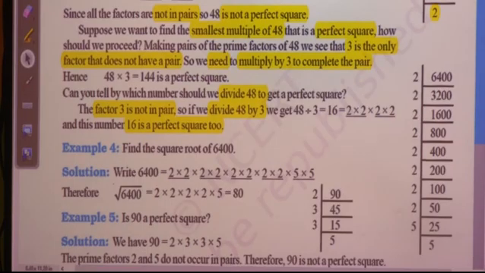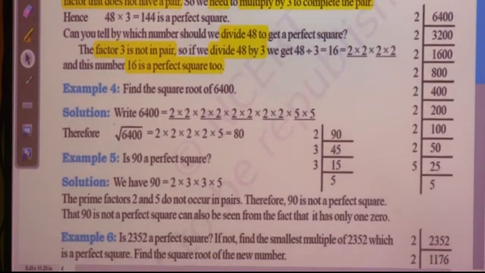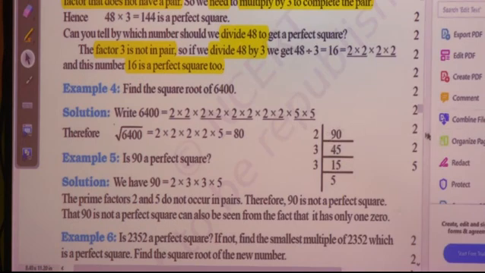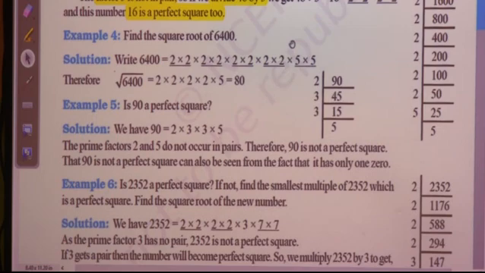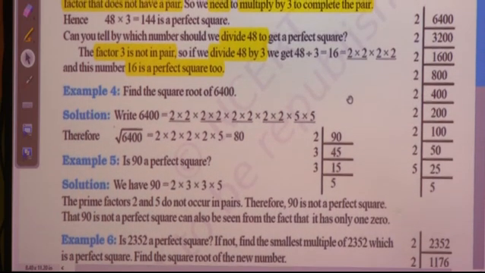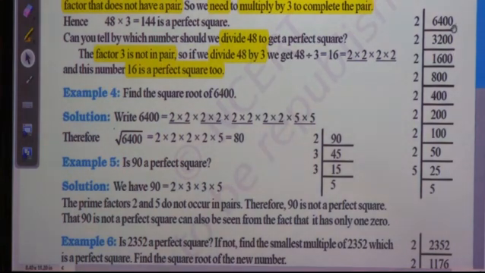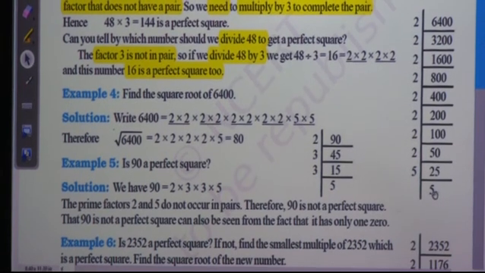Continuing further, example 4: find the square root of 6400. Here you can see the prime factorization of 6400. First by 2 we are dividing, then by 5 we are dividing.